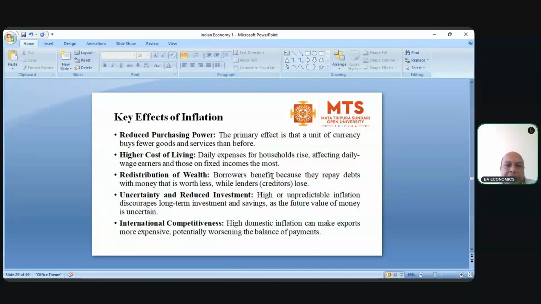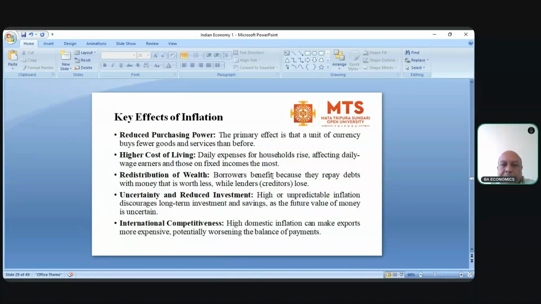So I selected some sections of people who will be losers and some sections of people who will benefit from inflation. The first one is reduced purchasing power. During inflation, the purchasing power of money declines. It means for purchasing the same quantity of product, people now will pay more money.